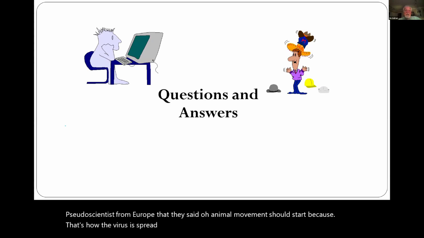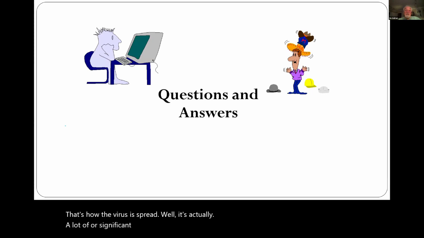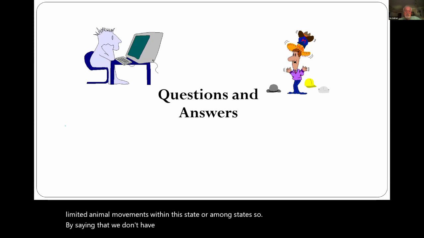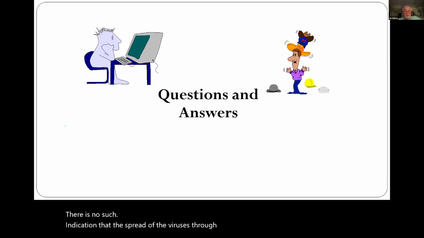Well, a significant number of the dairy farms now infected with this virus had very limited animal movement within the state or among states. So we don't really have evidence to stop animal movement, because there is no indication that the spread of the virus is through animal movement.